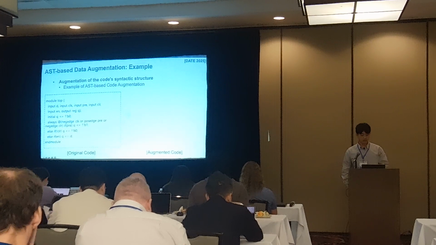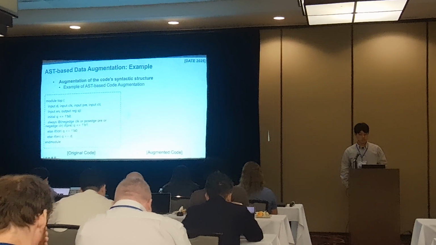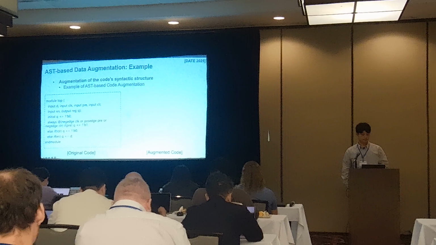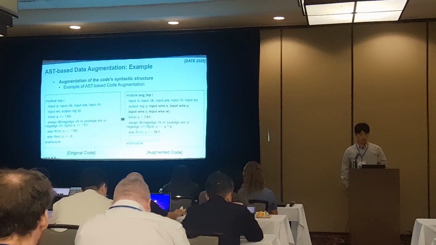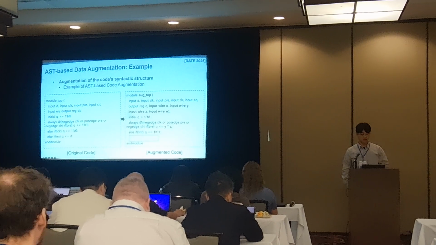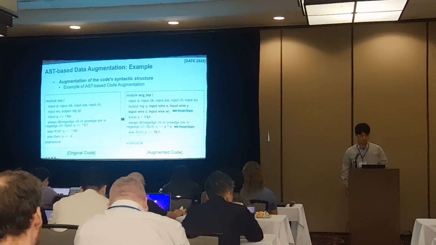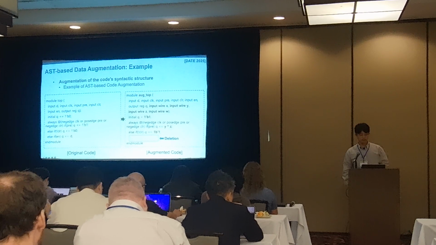Here is an example of AST-based code augmentation. The left code can generate the right one. Here, we can see insertion, modification, and deletion applied to transform the code.